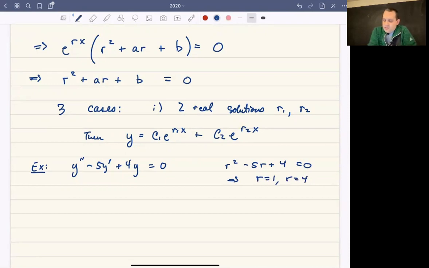And that means that we had c1 e to the 1x plus c2 e to the 4x as our general solution. And that's exactly what we found as our general solution.